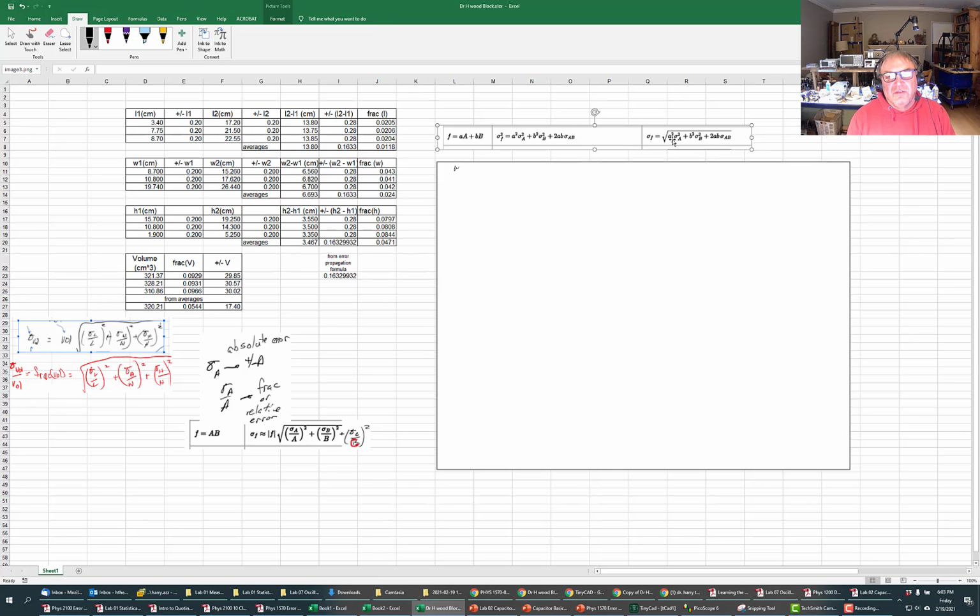So we just use sigma squared A plus sigma squared B, which happen to be H1 and H2. And so, in fact, we see that right there. It's E17 and G17 squared, added, and square rooted.